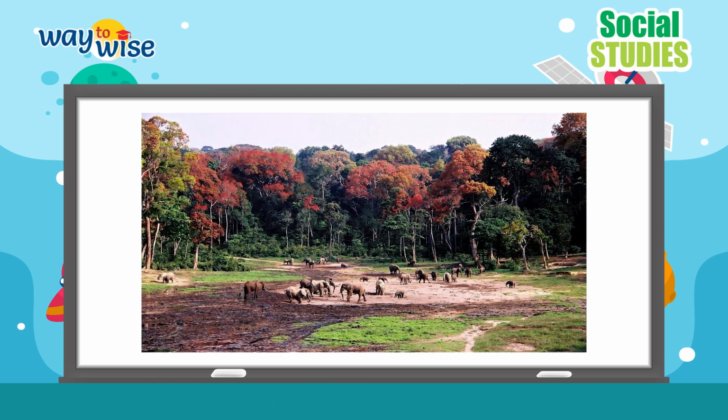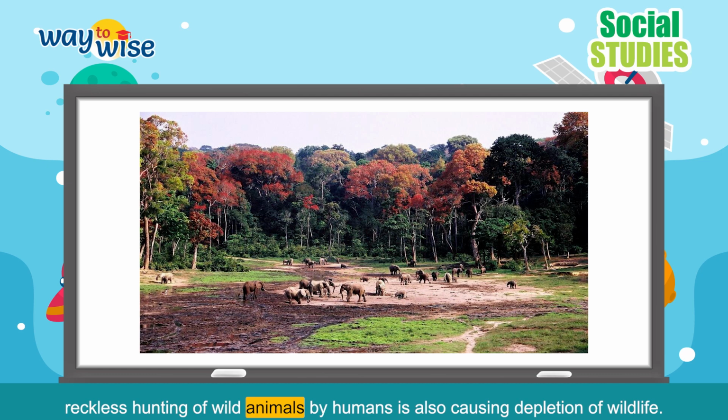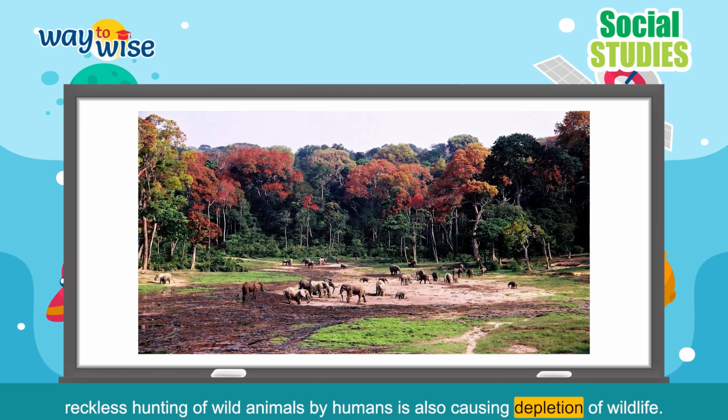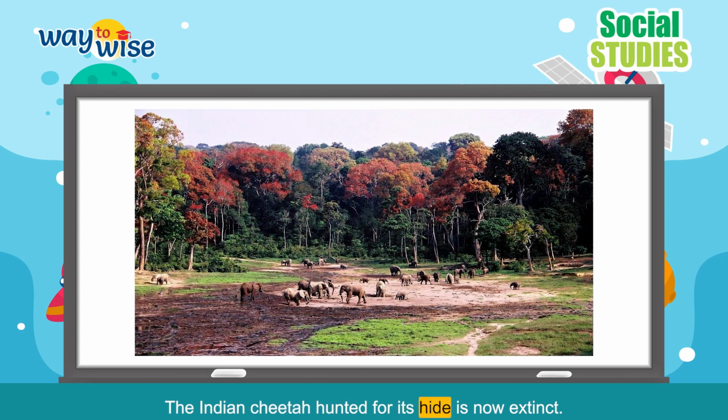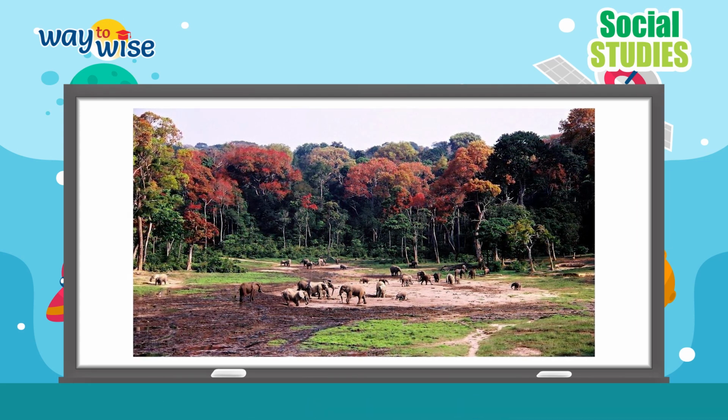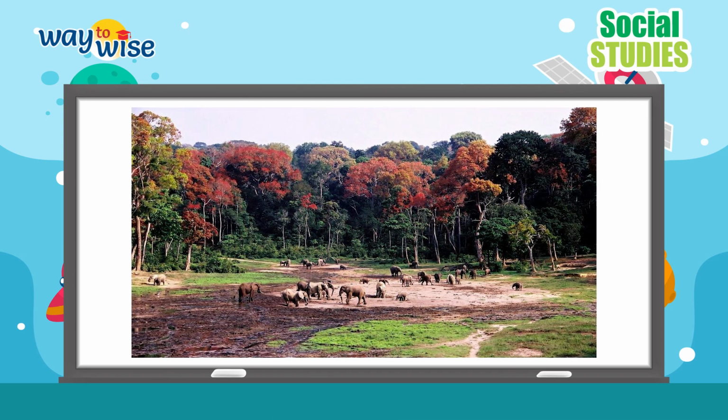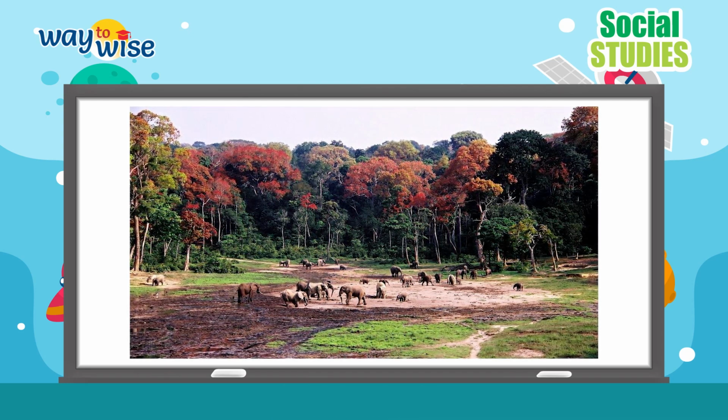Like deforestation, reckless hunting of wild animals by humans is also causing depletion of wildlife. The Indian cheetah, hunted for its hide, is now extinct. Whales have been hunted for their meat and fat.